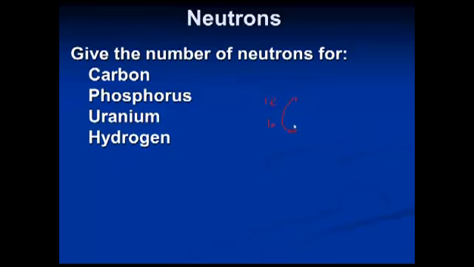When we set up the complete symbol this way, all we have to do is a quick subtraction, and that's going to tell us the number of neutrons. So carbon has 6 neutrons. Let's do another. Phosphorus on the periodic table is P. I find the mass number, which goes on top, and round it to the closest whole number, which should be 31.